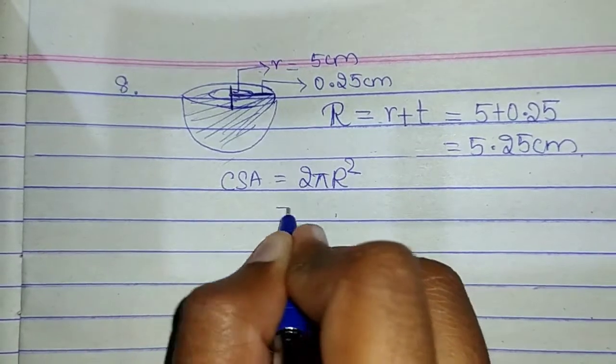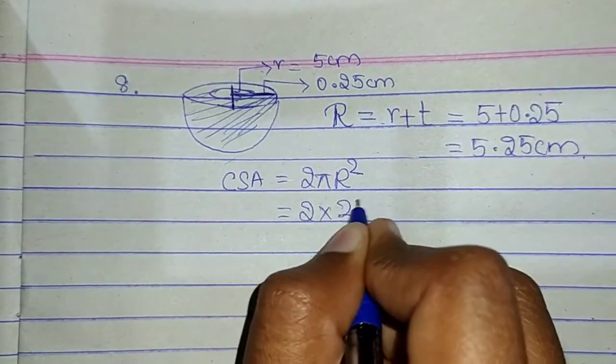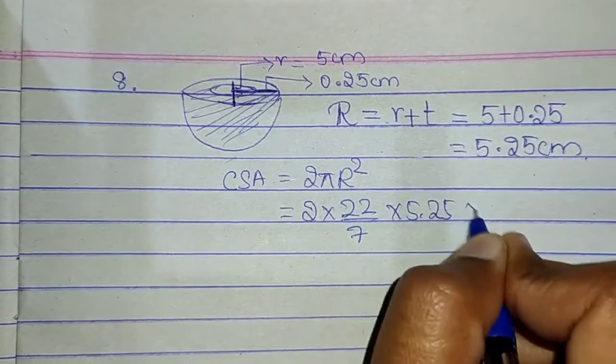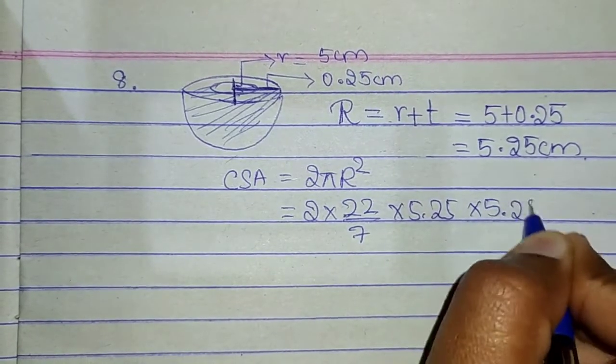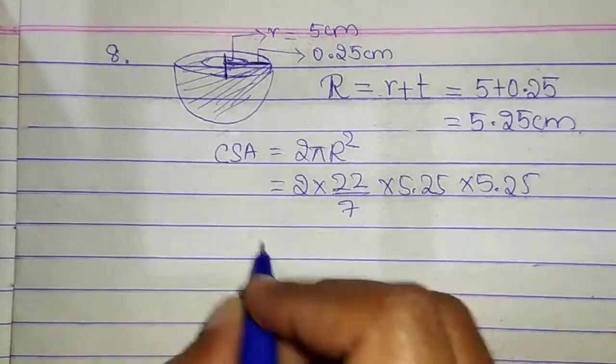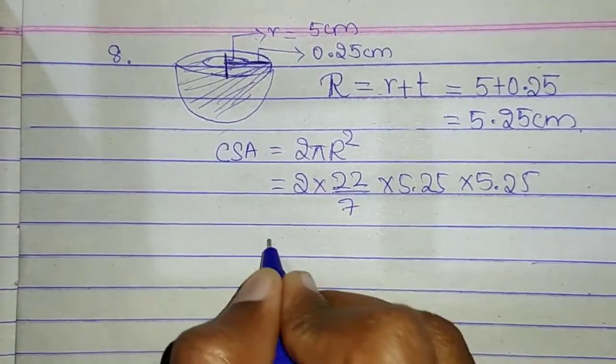So now the outer curved surface area of a hemispherical bowl, CSA, is equal to 2 pi r square. So this is equal to 2 into 22 by 7 into 5.25 into 5.25. Now to solve this, let us convert these decimals into fractions.